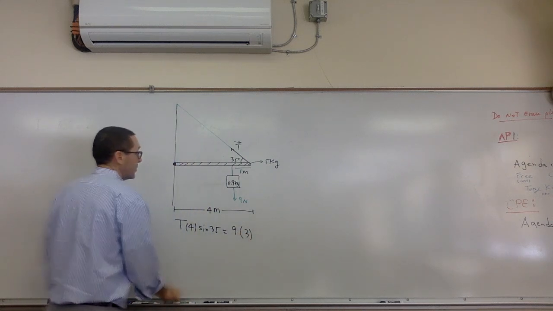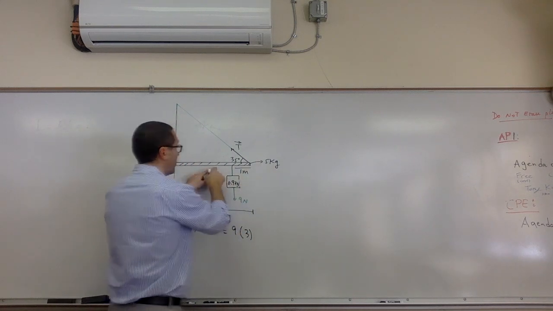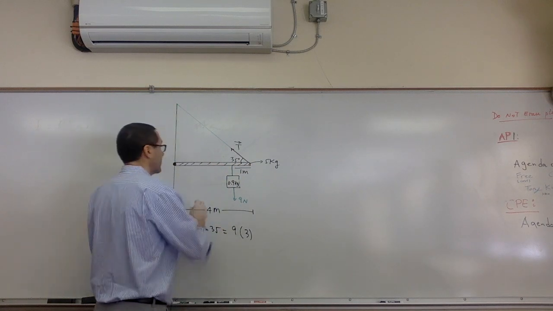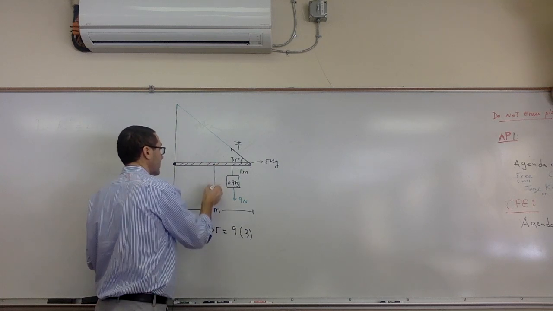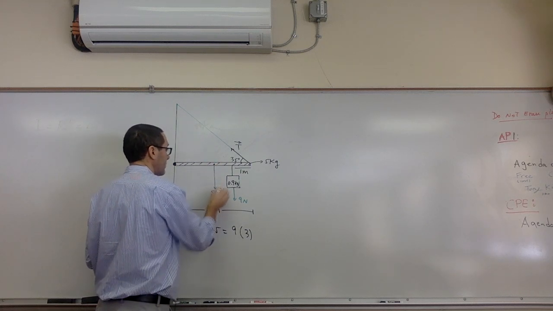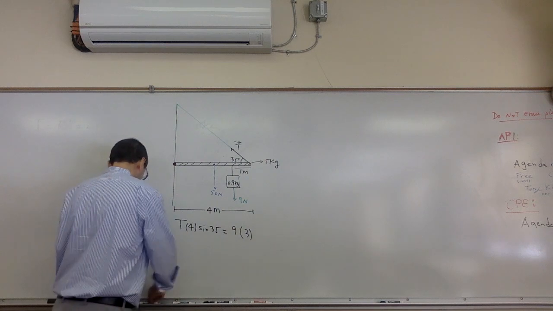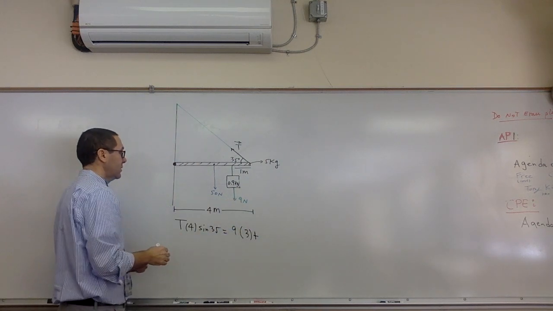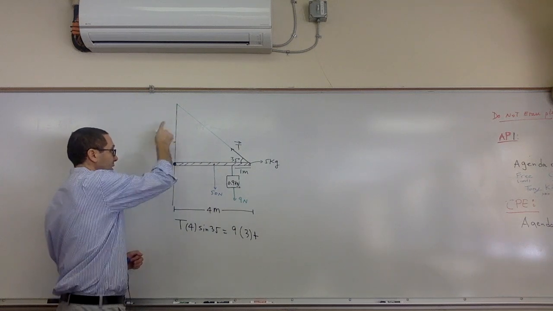But the other thing we have to be careful with is that we still have the bar. We have to take its mass into account. So let's just use that. So that should be 50 newtons, 5 times 10. That should add up to the torque caused by the 9 newtons, because that's trying to make you spin clockwise.